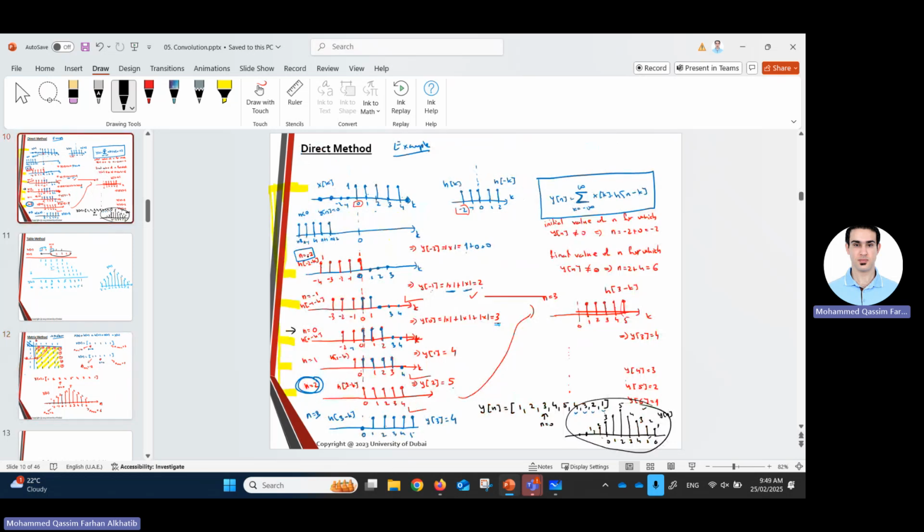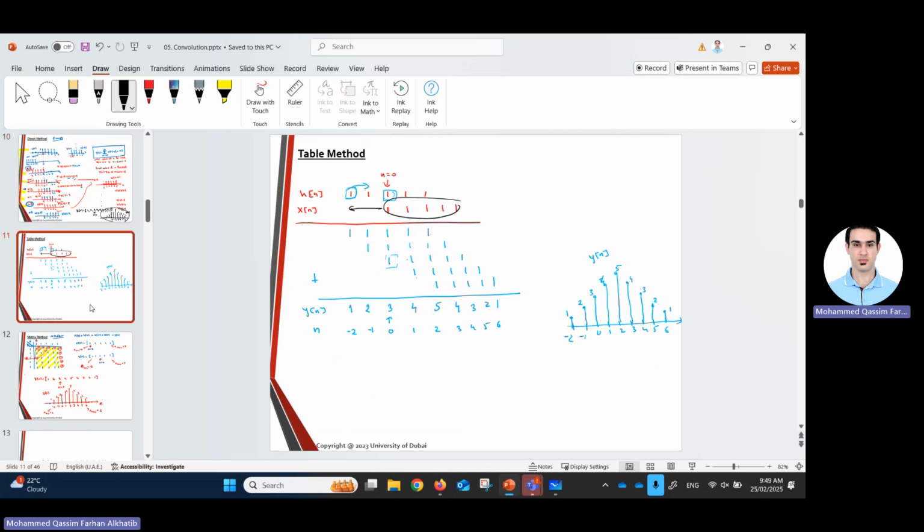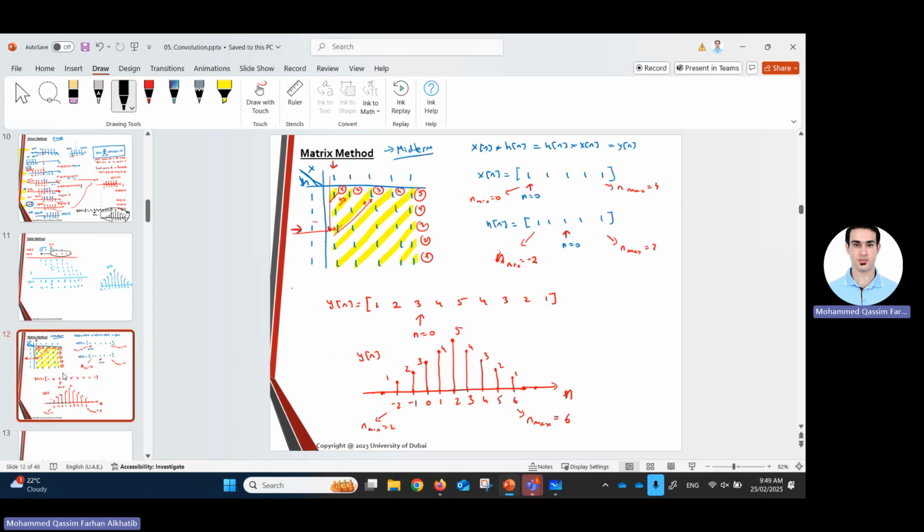Now you notice at n equal -2, -1, 0, 1, 2, 3, and there is 4 and 5 somewhere there. And here is the output. And I got the same thing, like literally in no space with the minimal amount of math. Similar thing in the matrix form. Is it clear how to do that? Convolution.